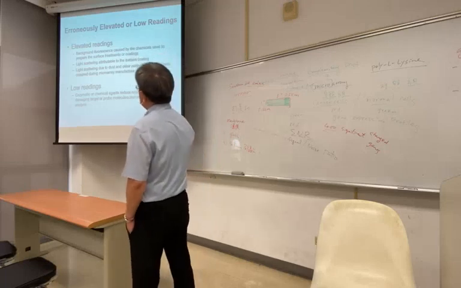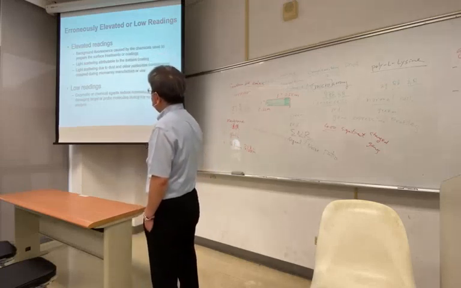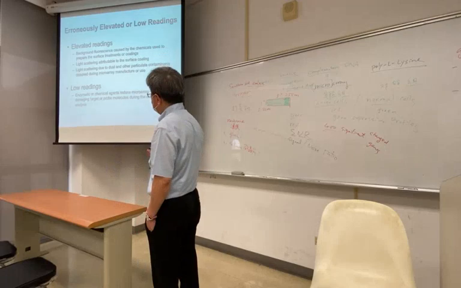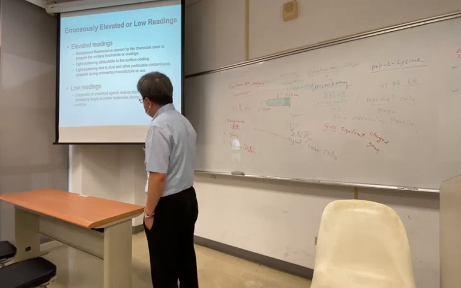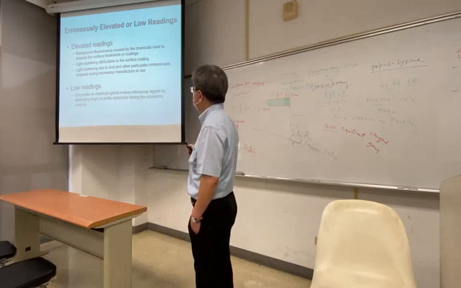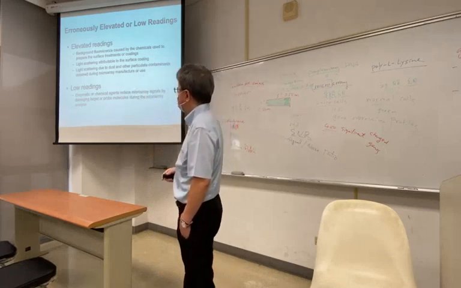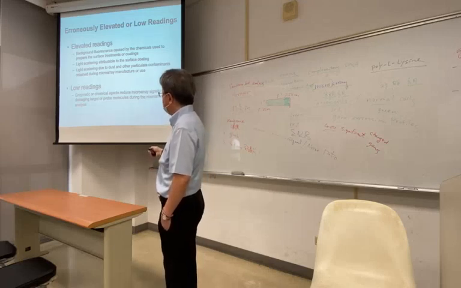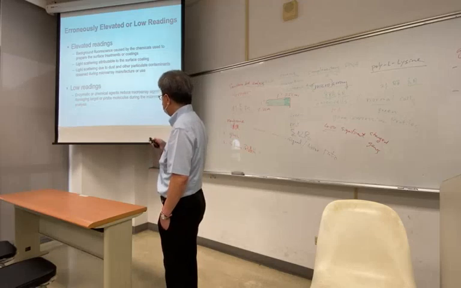Okay? So, low readings. Again, I told you we use a lot of enzymes, right? We use some organic solvents and chemical agents. That will reduce the microarray signal, either by damaging the target or probe molecules during the microarray analysis.